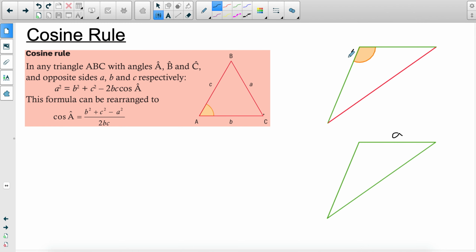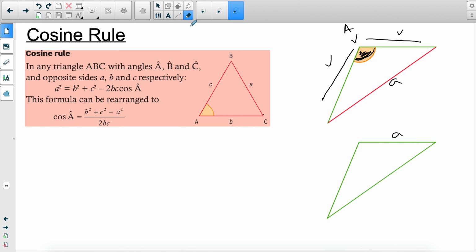That is when you have a length, and then you have an angle sandwiched between them, so you also know this length. So 1, 2, 3. And the length you need to find will be the opposite to the angle that you have. Because if this is C, then this has to be C, or if this is A, then this has to be A.